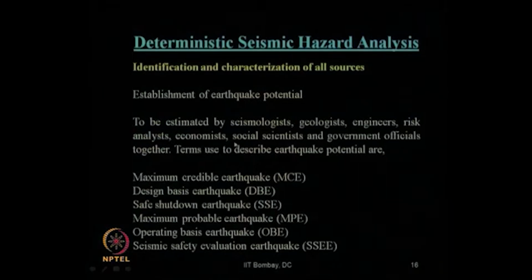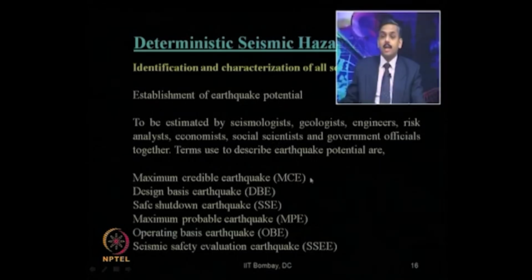Can you see that? Social scientists, what do they do? Social scientists also look at all the social aspects related to mankind, like the usage pattern of that proposed utility or structure, whether a nuclear power plant or a large dam is proposed to be commissioned at that place, and how much need there is for it at that location for human beings. From the social point of view, they will take all the possible data and information.